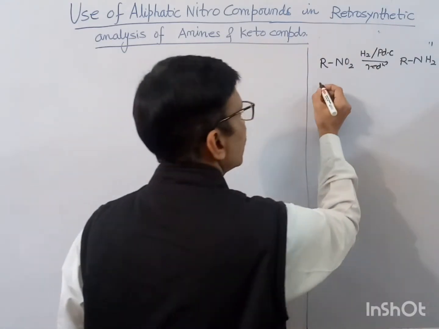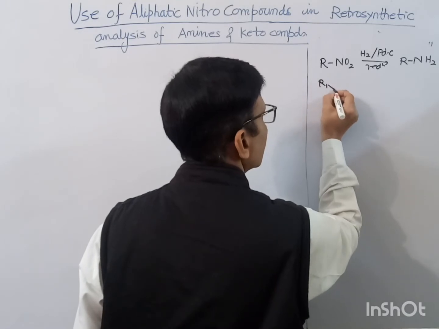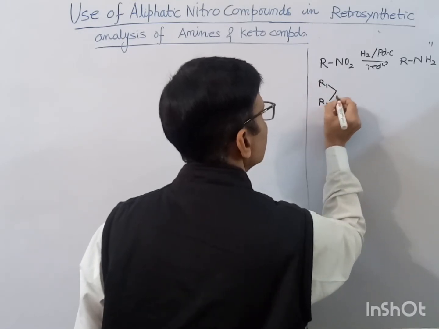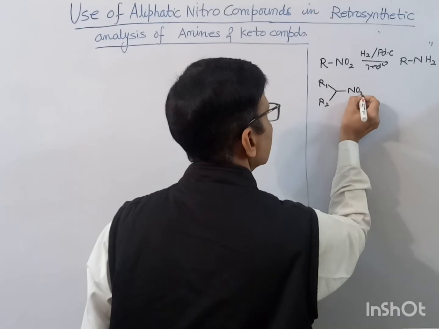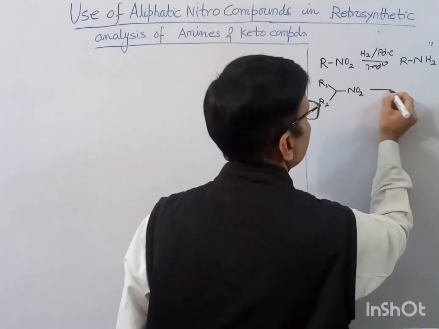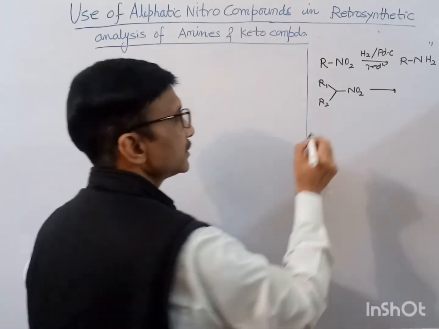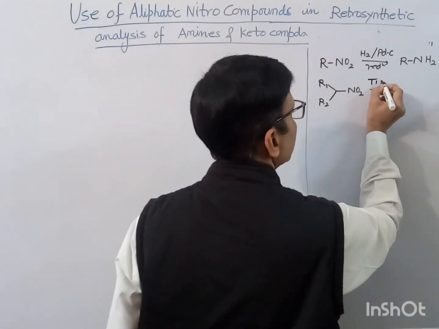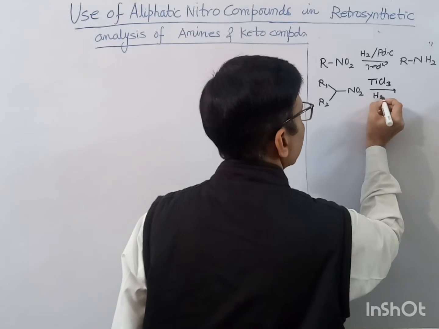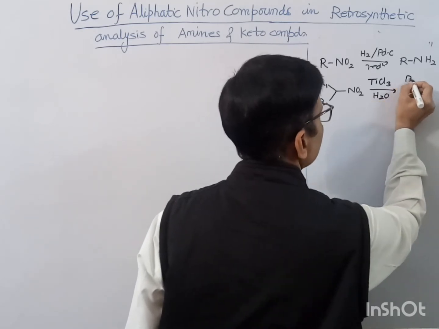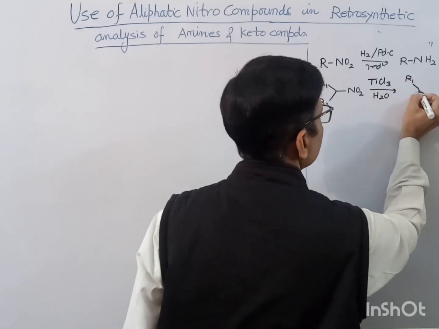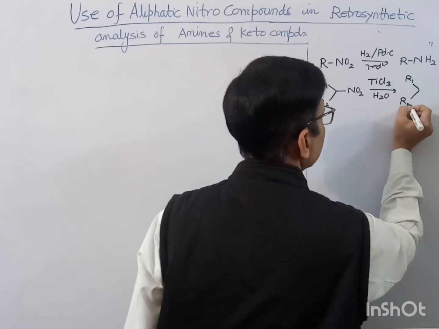Now suppose you have a nitro group attached to a secondary carbon. In this case, in the presence of TiCl3, it may give you the ketone.